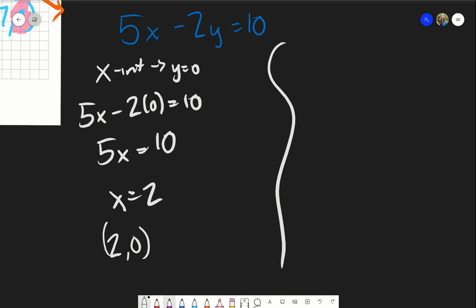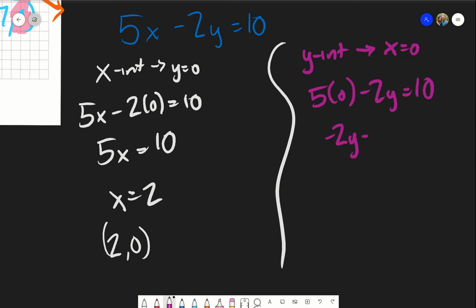For y, the y-intercept means that x equals 0. This is 5 times 0 minus 2y equals 10. Negative 2y equals 10, so y equals negative 5. This is the point (0, negative 5).